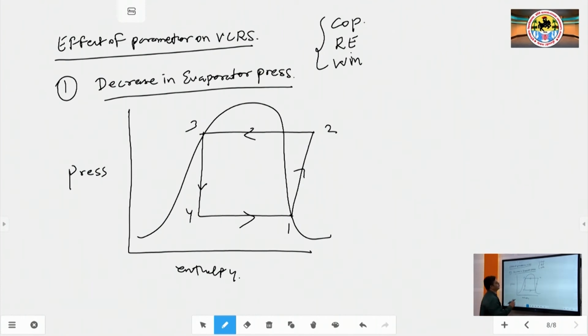Here we have the evaporator, here the condenser, here the compressor, and here the expansion device.